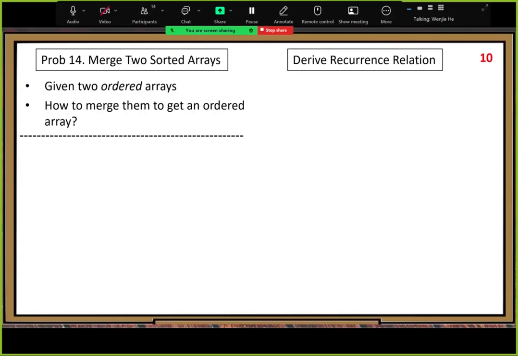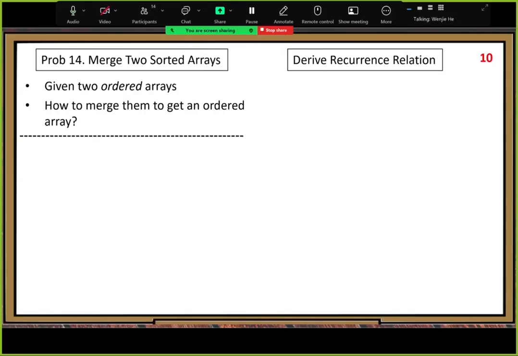Now, how many comparisons? If we want to sort the whole array, we need to do many merge steps for the best case and the worst case.